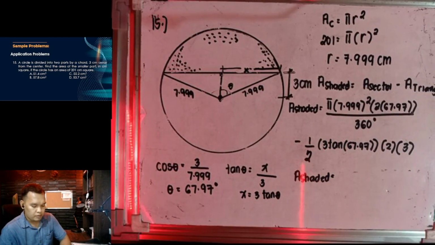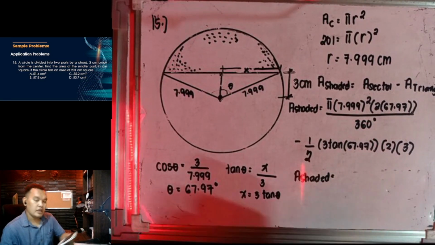pi times 7.999 squared times 2 times 67.97 divided by 360 minus 1 over 2 times 3 tangent 67.97 times 2 times the height which is 3.